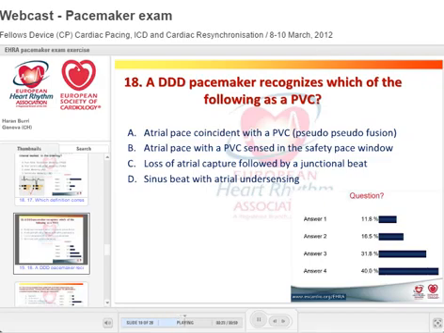The only thing that can do that here is a sinus beat with atrial undersensing and, of course, conducted AV. All the rest will not be classified as a PVC. Any questions on this one?